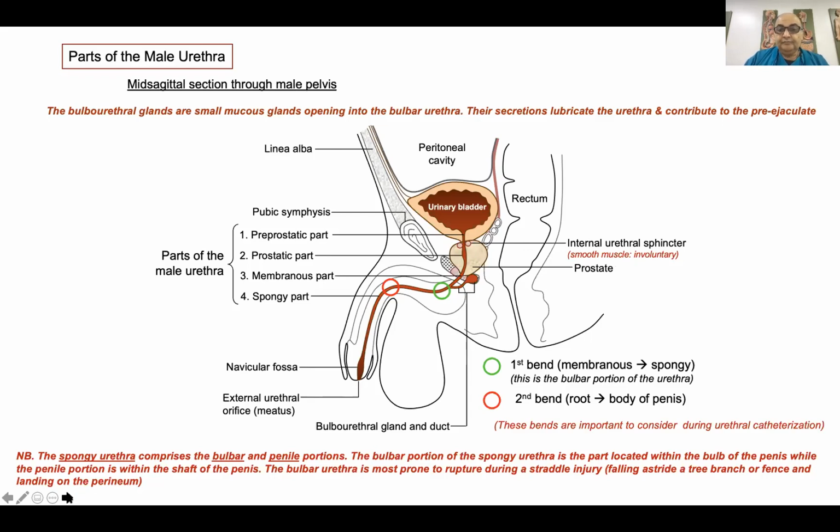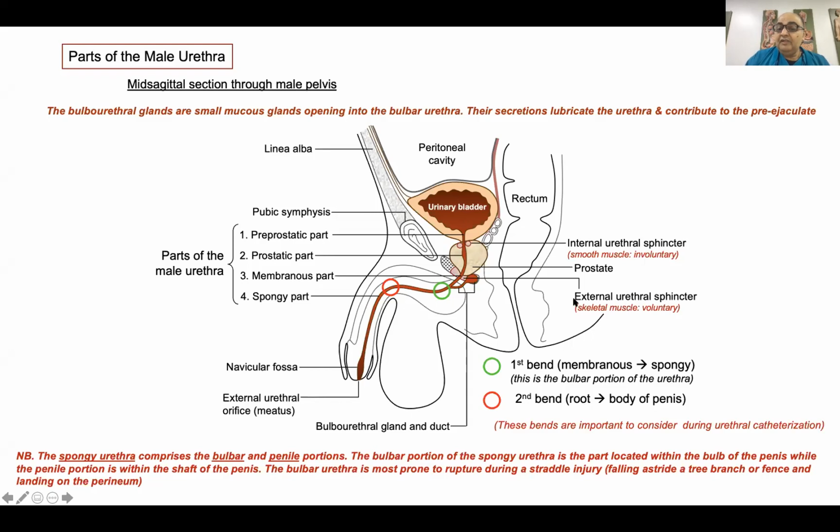Then this was my internal urethral sphincter. Now you can see here I have someone else, and this is the external urethral sphincter, which is made up of skeletal muscle. They are voluntary. We talked about these sphincters when we were talking about innervation of the urinary bladder. And who controls them? The pudendal nerve, which is a somatic nerve.